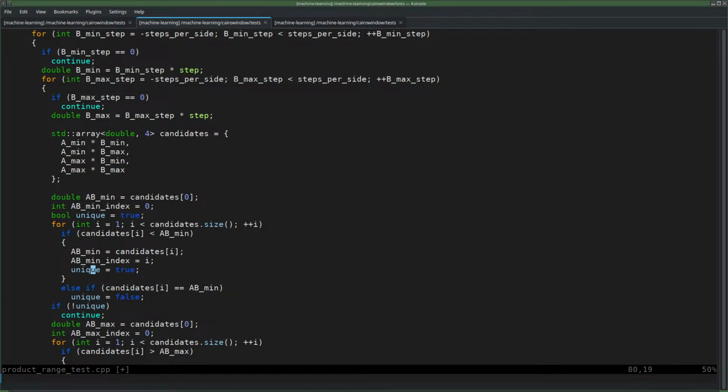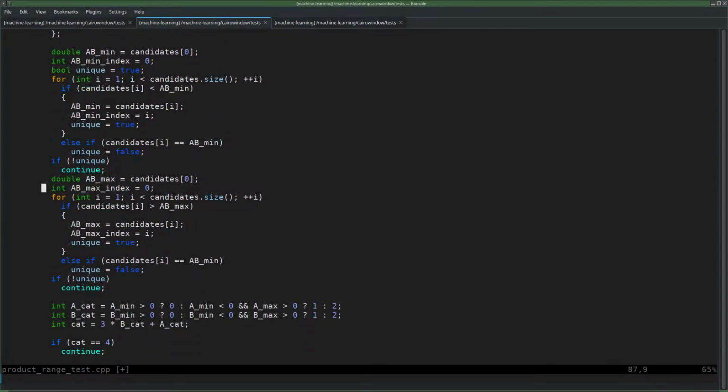If we ever find one that is equal, then it's not unique, and I don't want to take it into account in this brute force test. That's why we set unique to false. If that happens, I just skip it. So this determines the minimum value, and then we do the same thing to determine the maximum value.